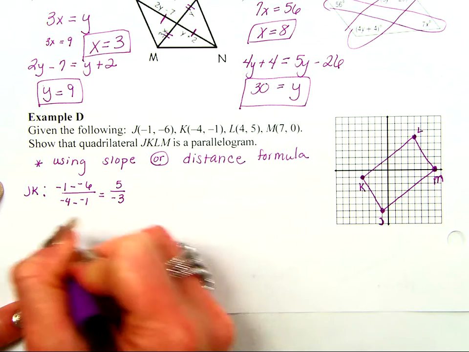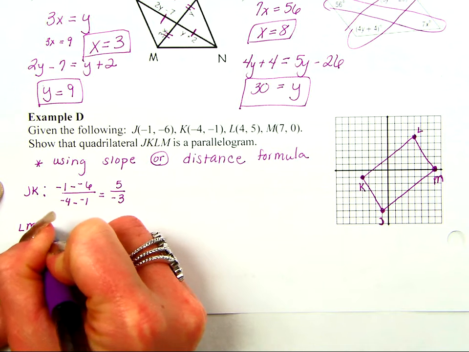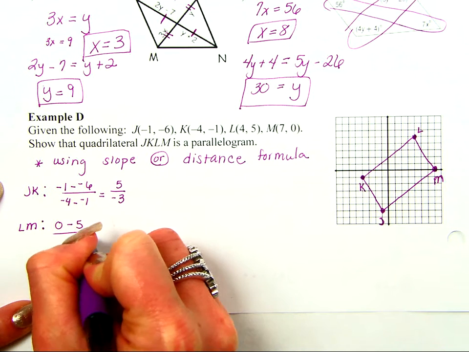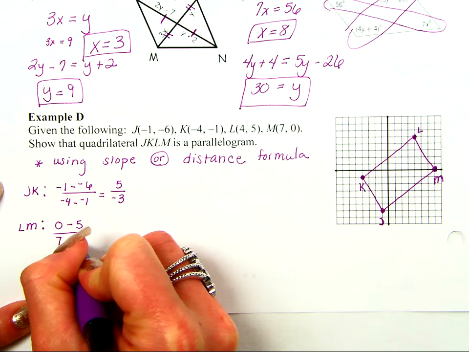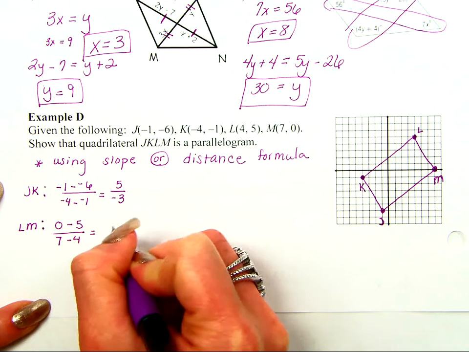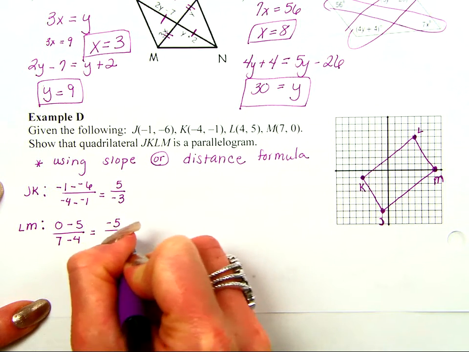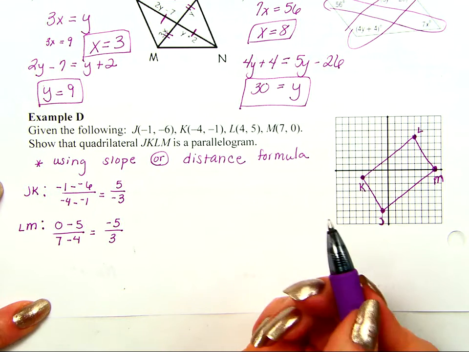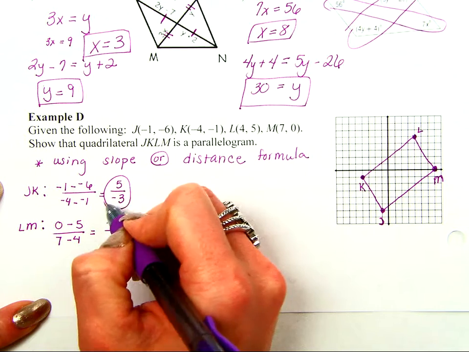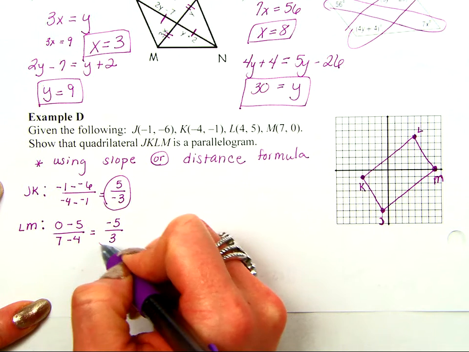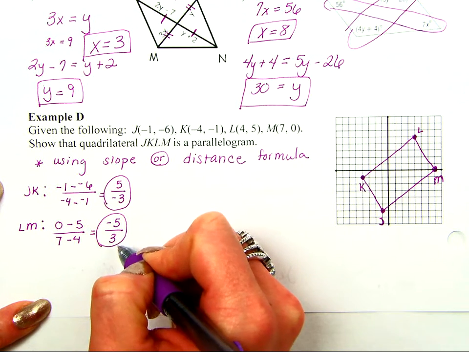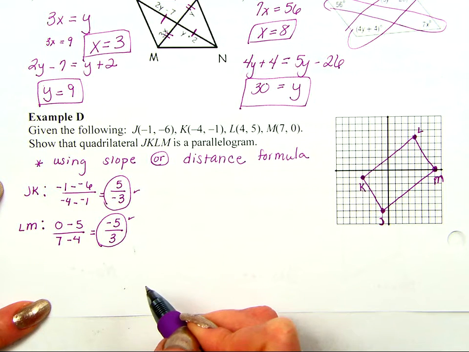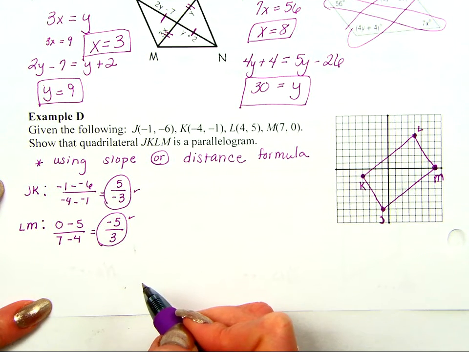I'm going to compare that to my slope for LM, y minus y over x minus x, 0 minus 5, 7 minus 4. Well, let's take a look at these. Guess what? A slope of 5 over -3 and a slope of -5 over 3, those are actually the same. It doesn't matter if the negative is on the top or the bottom, it makes the whole fraction negative.